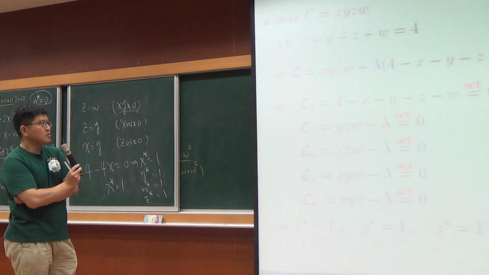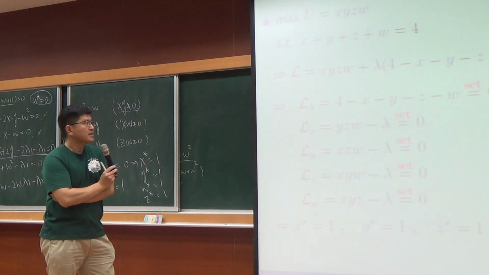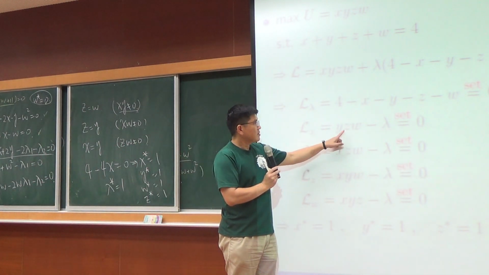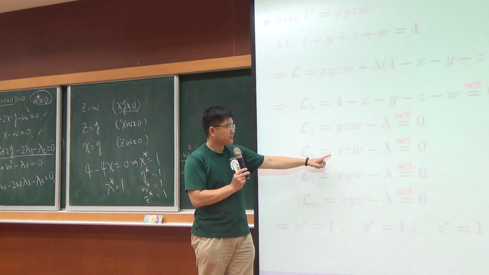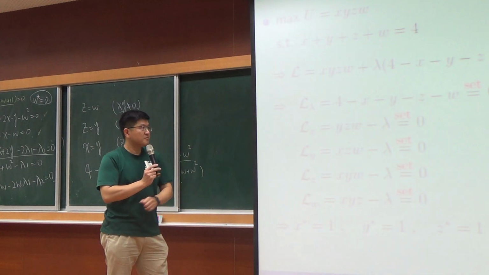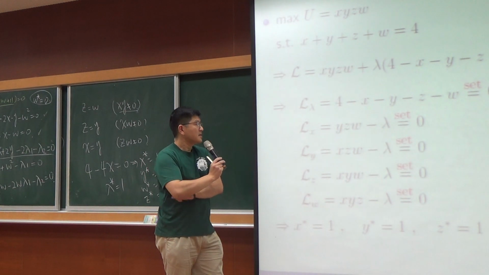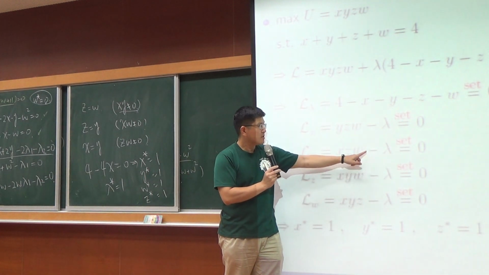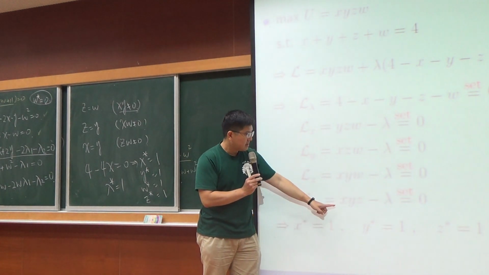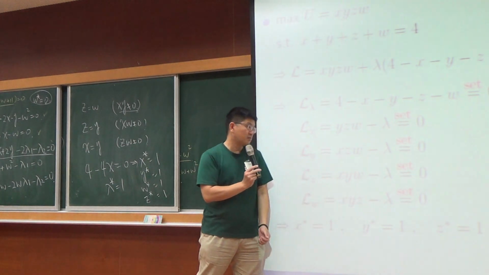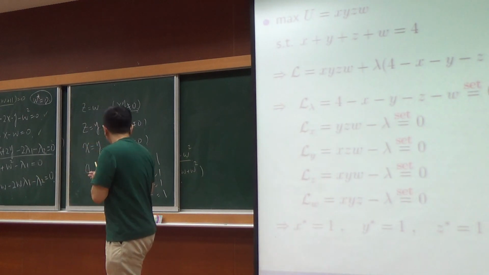Can z and w be 2 if they share 4 equally? So 0, 0, 2, 2, and lambda 0, yes, right? And so there would be infinitely many solutions here, actually. Okay, so all 5 first order conditions are satisfied if we assume that.